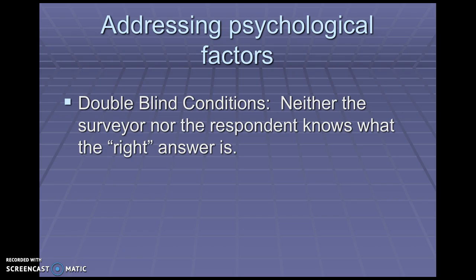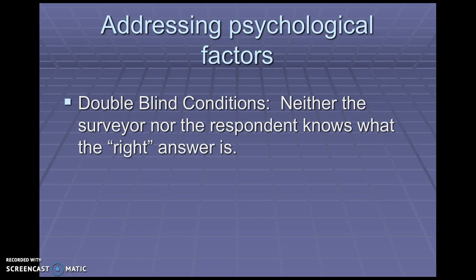A way to address psychological factors is to have what are called double-blind conditions. That is, conditions under which neither the surveyor nor the respondent knows what answer is being looked for. So it's not enough to call, say, on behalf of the AARP, the American Association for Retired People, and say, are you in favor of defunding Social Security?